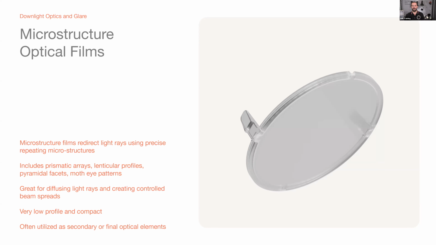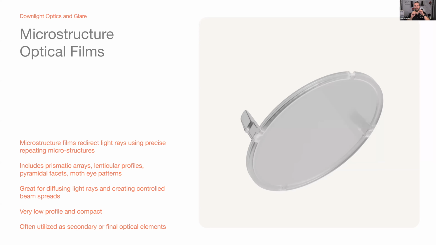They can be prismatic arrays, or lenticular profiles, those pieces of artwork where as your viewing angle changes, so does the image behind it. So they have these multi-arrayed lenses. Or moth eye patterns, which have a very narrow band of view that help direct light in lots of ways.